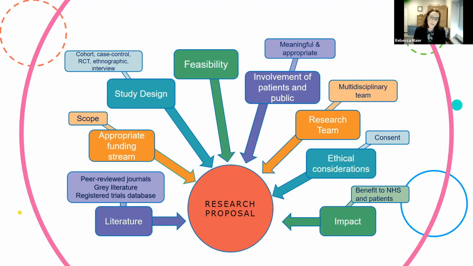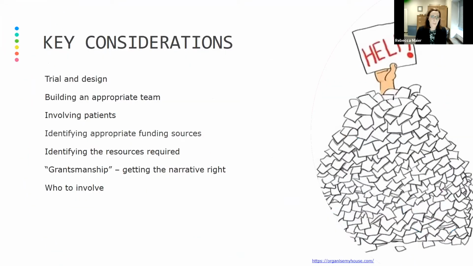So this slide is really an overview of everything that we think of when crafting a research proposal. And I'm hopefully going to cover most of these points over the next 20 minutes. But this slide shows the importance of and the various elements that go in to crafting and writing a robust research proposal. And I think there's really some key considerations in there.